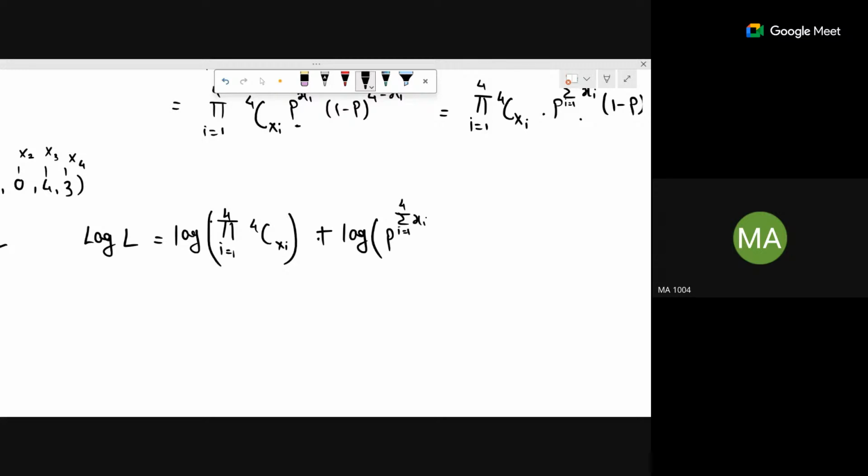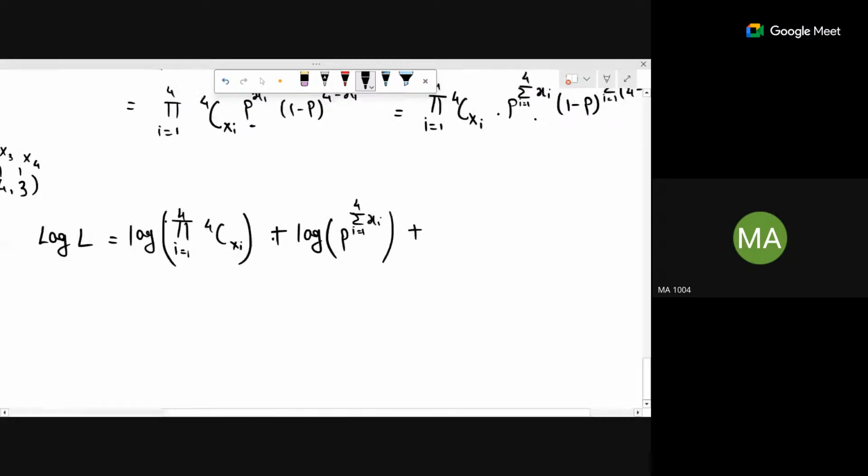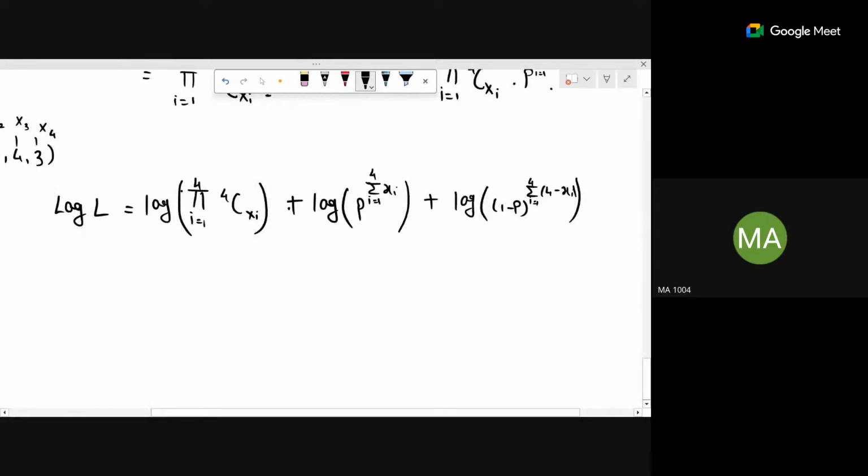Did you get how I wrote the summation of xi? Because the base was the same, I just put the addition over. This is 1 minus p raised to the power summation of 4 minus xi, with i from 1 to 4 here.